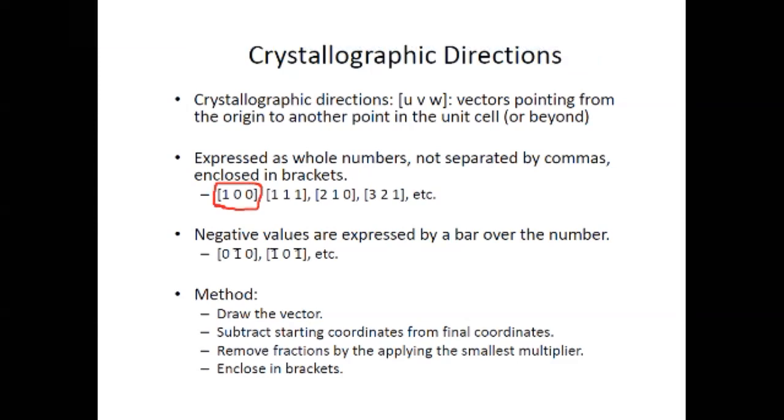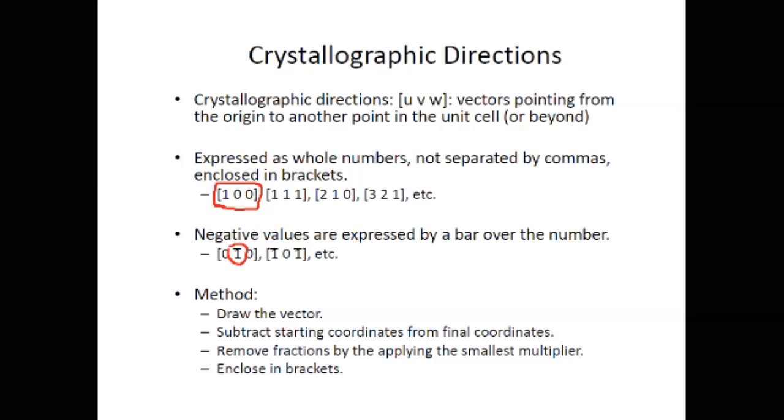Again, this is the u, v, w coordinates of a vector. And for negative values, they usually symbolize them with a bar on top of the number. And so vectors, again, are denoted by the brackets. And that's important because when we talk about planes, they're actually denoted by a different symbol. So these are all examples of vectors.